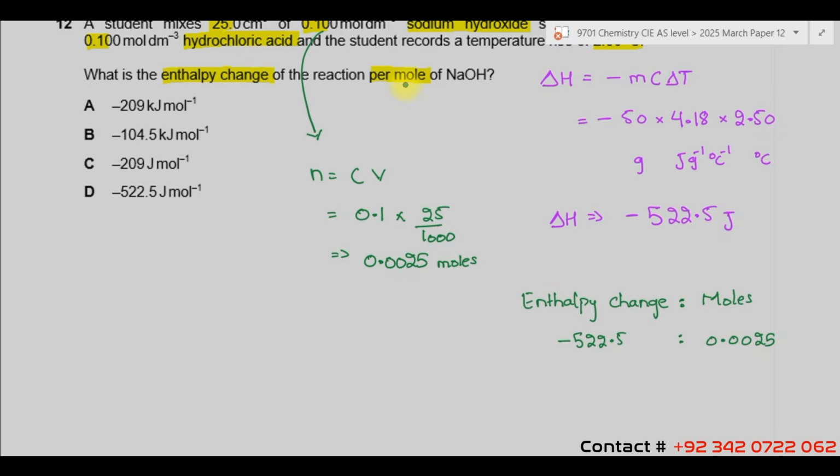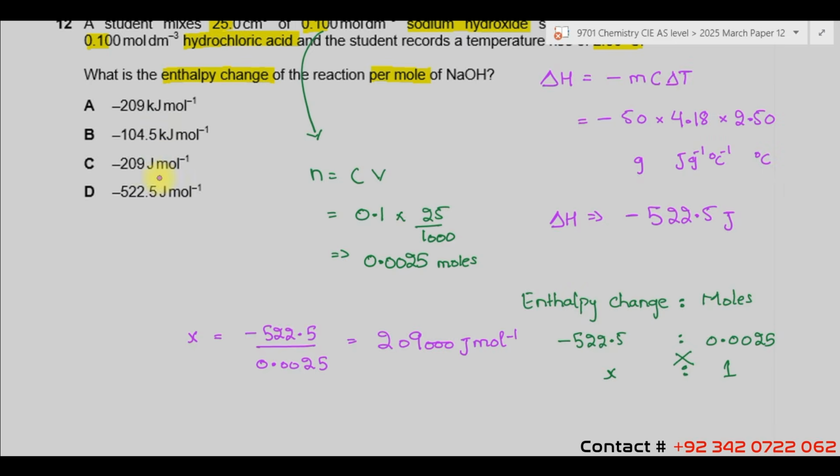Per mole is 1 mole. So for 1 mole it will be X. Let's cross multiply. So it is equal to 209,000 joules per mole.